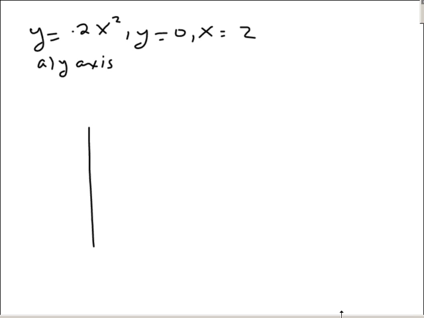So here are the equations. y equals 2x squared, y equals 0, x equals 2, and you want to do it first around the y-axis. Okay, so it's the area bounded by those 3 curves.